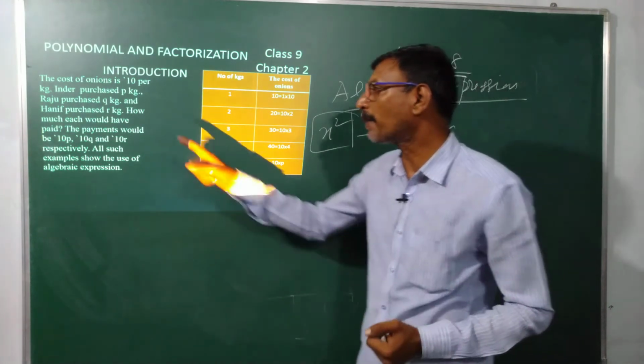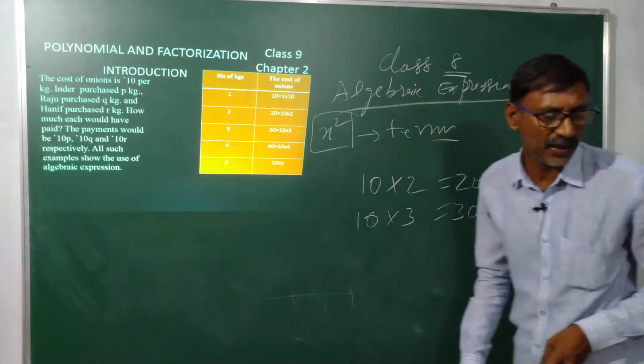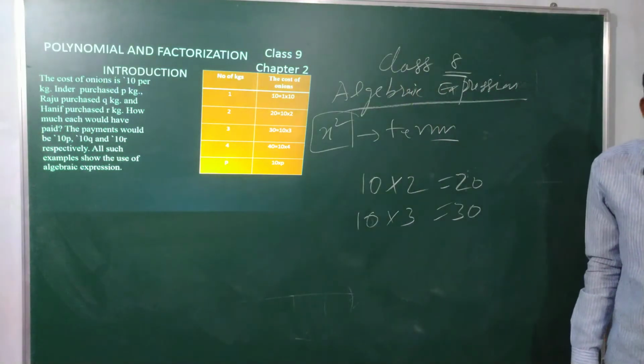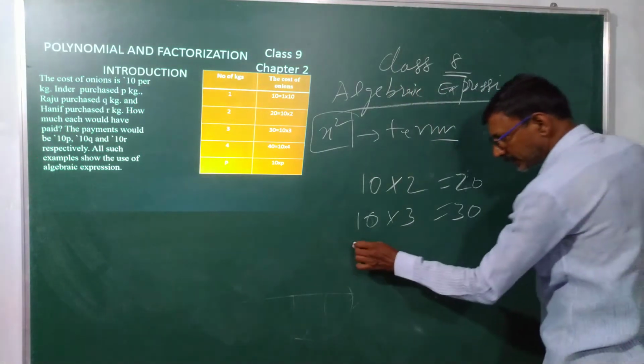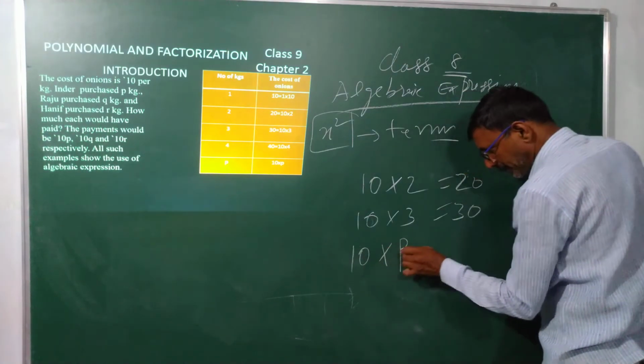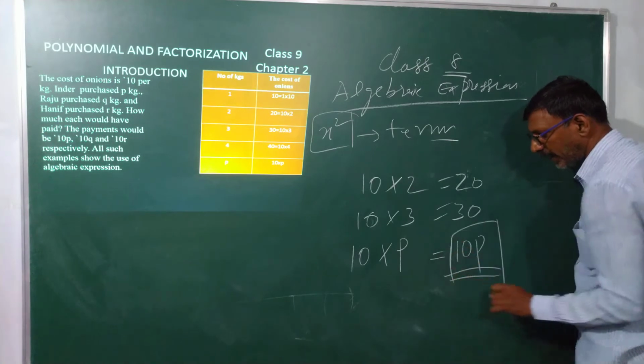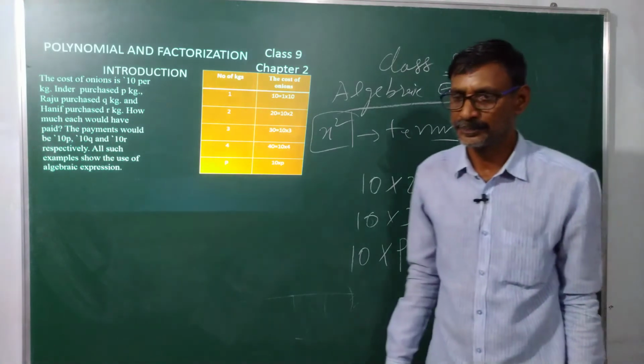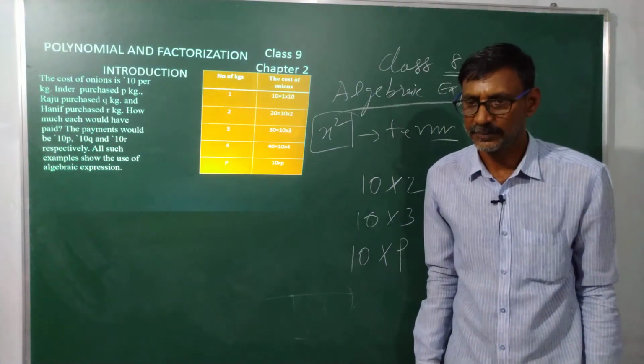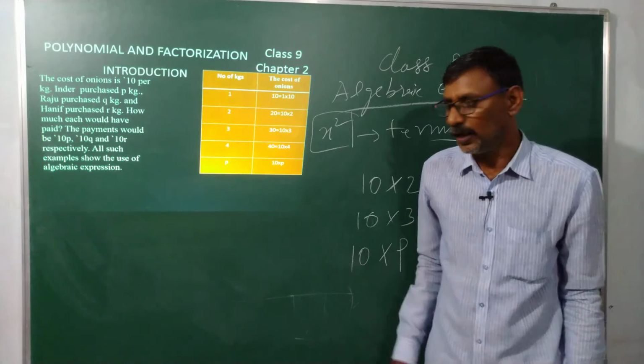see, the cost of onions is 10 rupees per kg. Indra purchased p kgs. That means 10 times p, that is 10p, you should pay to the seller. Am I right?